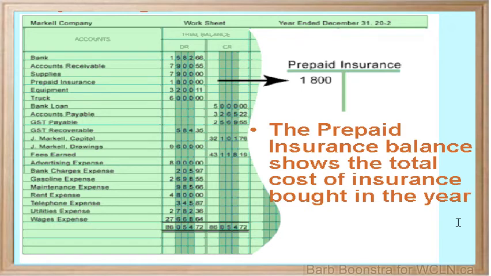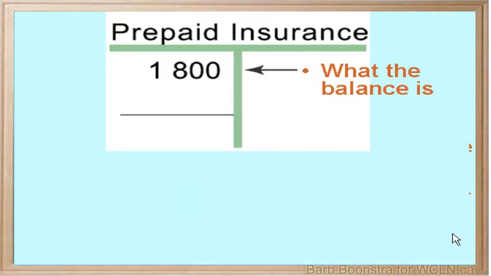The journal entry for prepaid insurance is very similar. First, take the figure from the trial balance for prepaid insurance. That's $1,800. This $1,800 is how much you paid for the insurance when you originally bought it. Let's say this was a 3-year insurance policy.